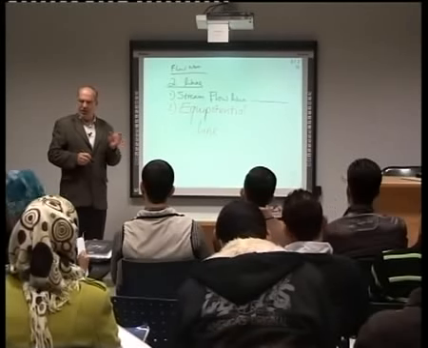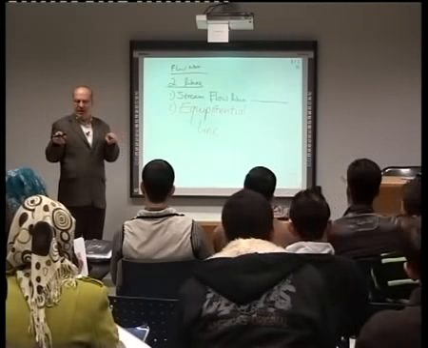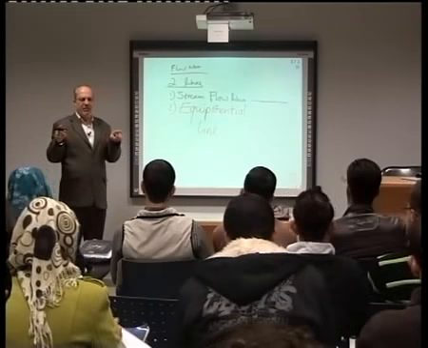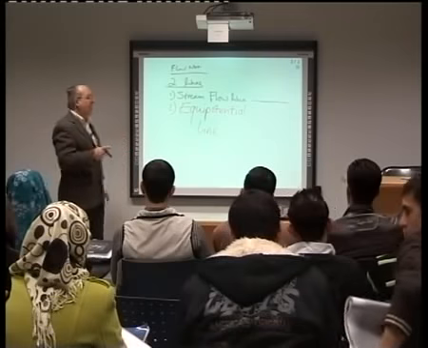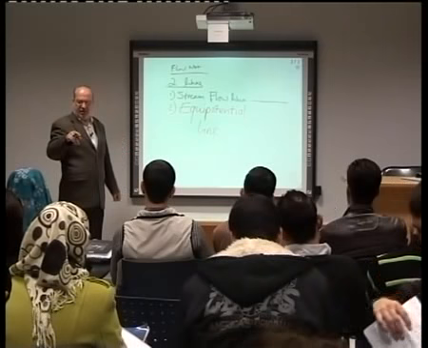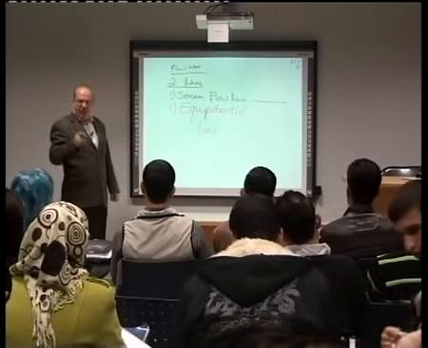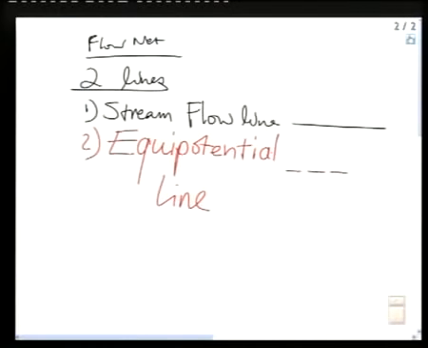It means that at every point of that line, potentiality is equal. That's why we call it equipotential line, equal potentiality line. And it's not up to you. You don't have democracy here, you have dictatorship. It should be represented by this type of line. That's a dashed line, not solid.